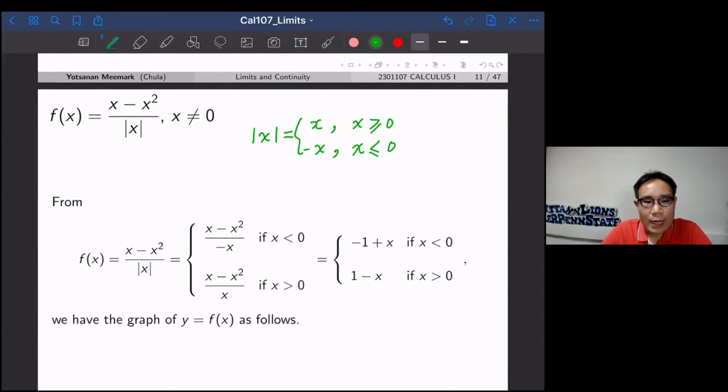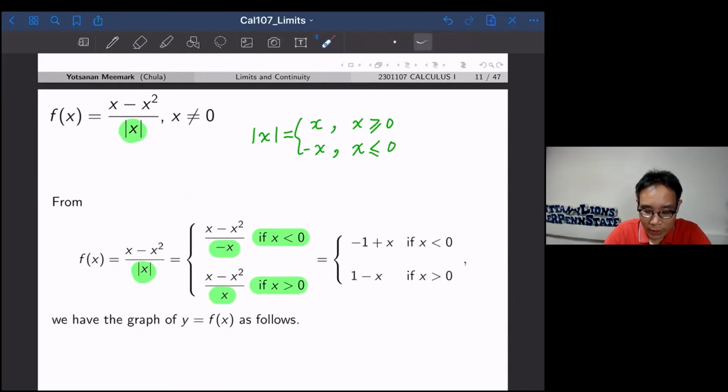So you see that the absolute value of x turns out to be two cases: negative x when x is negative, and x itself when x is positive. Then you can get rid of x on top and on the bottom.